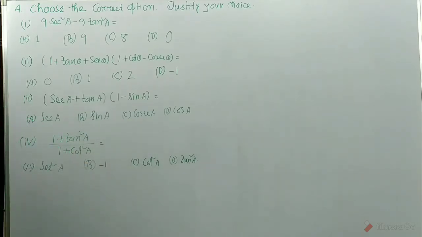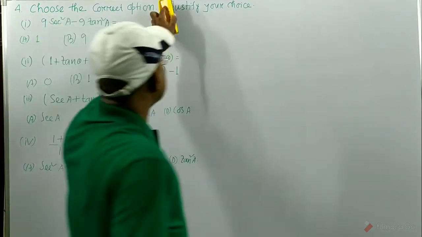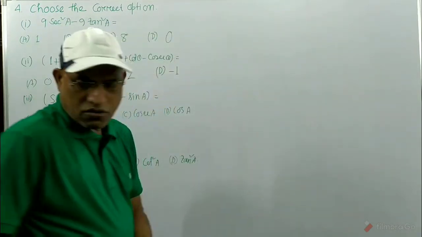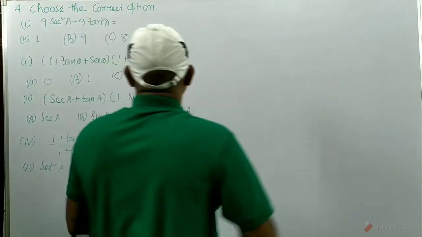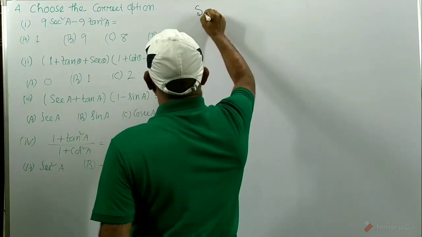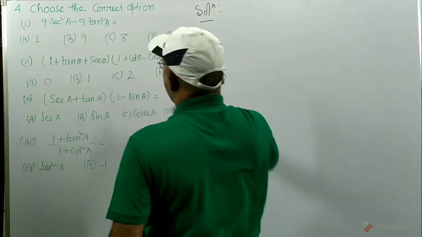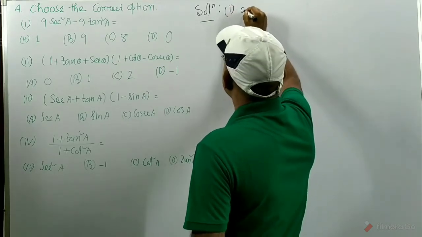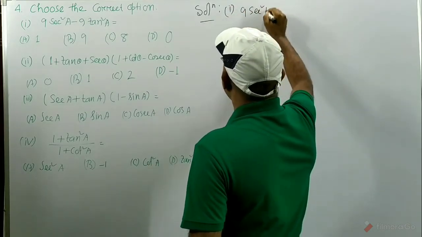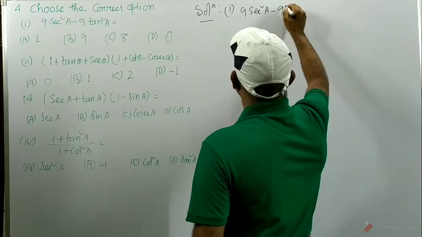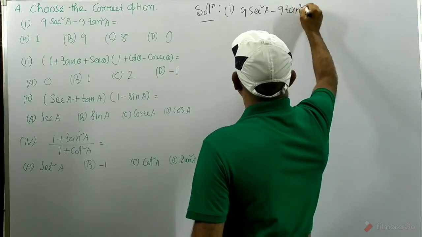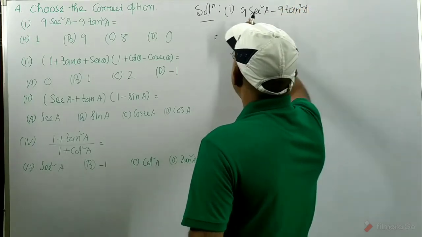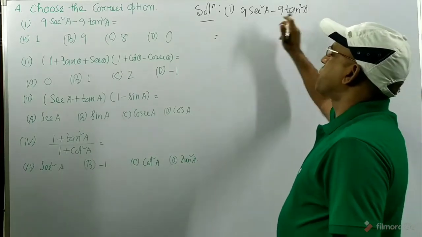Now we want to solve one by one. First we consider number 1. This is very easy. 9 sec square A minus 9 tan square A. From these two terms, 9 is common.